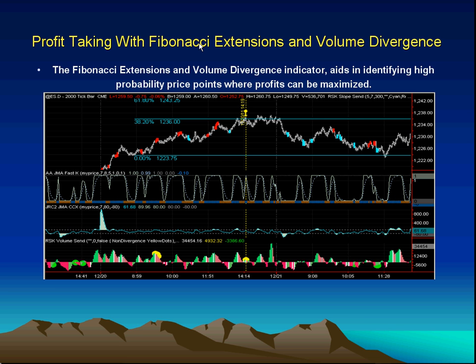That divergence, in conjunction with stochastics and the CCX indicator at a known Fibonacci extension level, indicates for us the probability that the market is liable to turn. So we take our profits, we maximize them, and look at that potential.